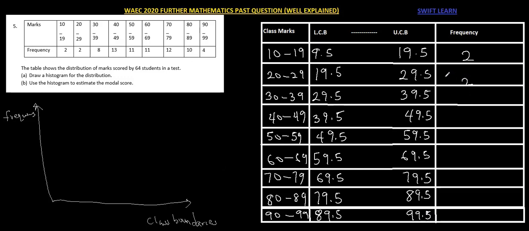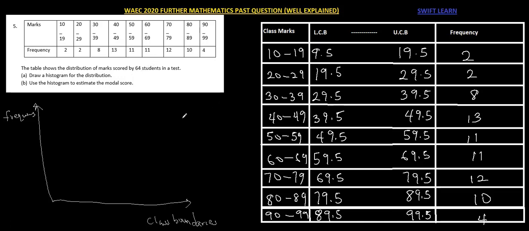I didn't write that well, let me erase that. So that's these two, right? Then 8, 13, 11, 11, 12, 10, and 4. The addition of everything will give you the 64 students you have here.